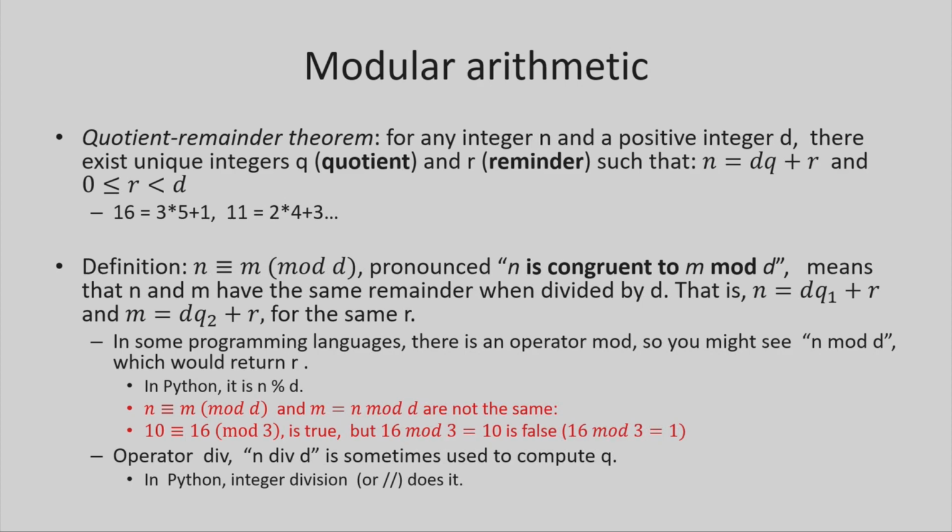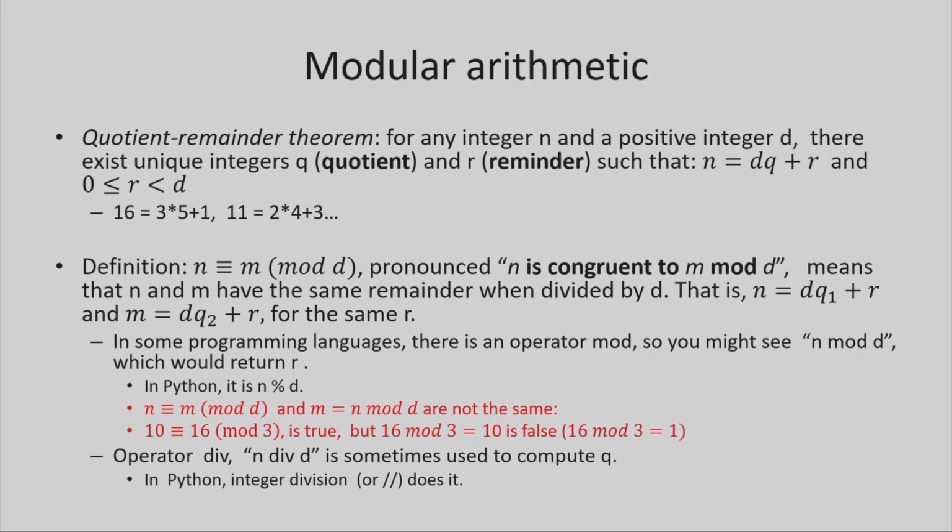So two numbers are congruent mod a third number, where all numbers are integers. It means that they have the same remainder when divided by d. And one theorem that we are going to use later on is the quotient remainder theorem.